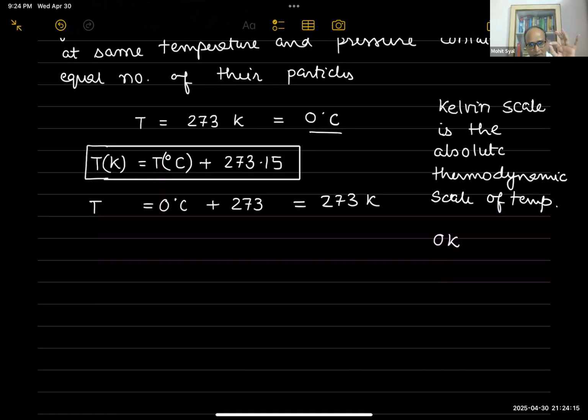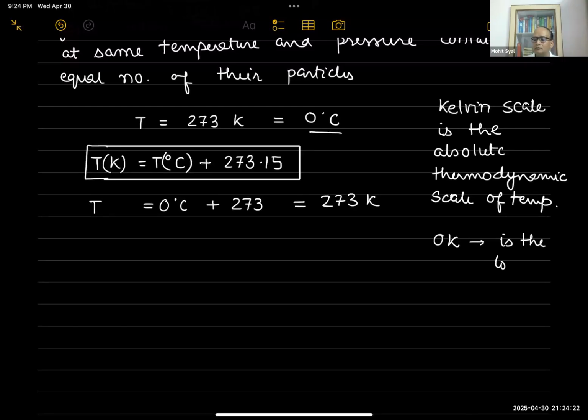There is no temperature below this. It is the lowest temperature, 0 Kelvin, the lowest temperature of the universe.